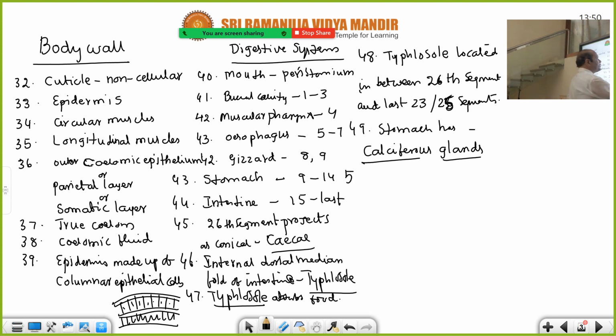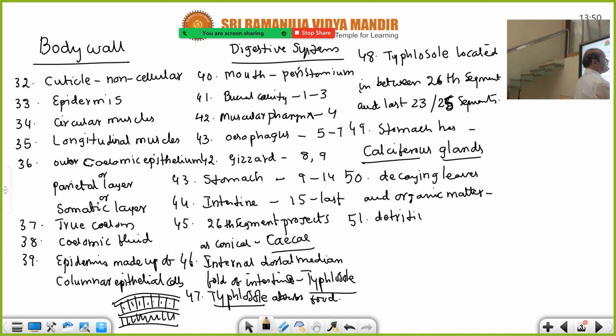Helps in the, because its food is decaying leaves and organic matter. The chief food of earthworms is decaying leaves and organic matter. So if any organism, not only earthworm, feeds on decaying organic matter, then how can you describe them? They are detritivores. Don't forget about this. Detritivores.